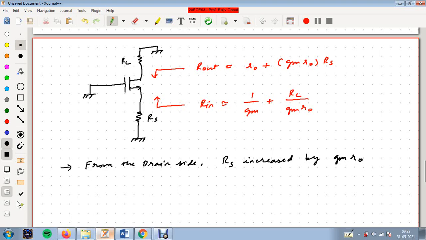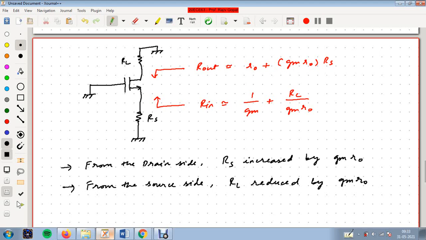Second point, if you are looking from the source side, RL is reduced by Gm times R naught.